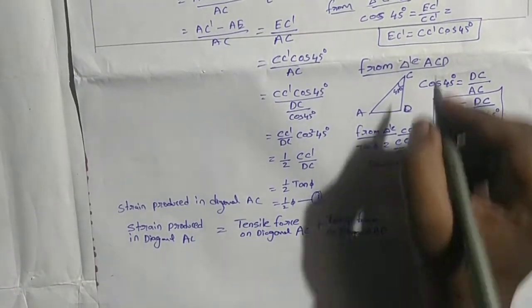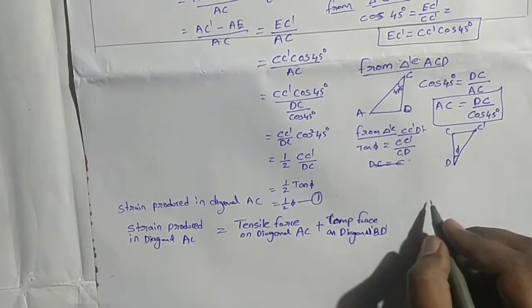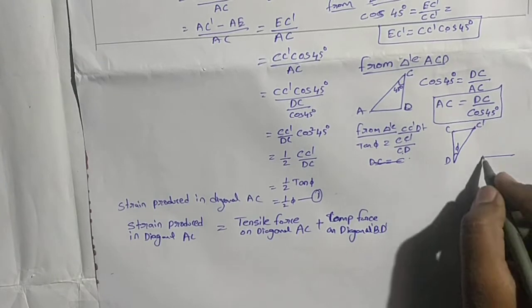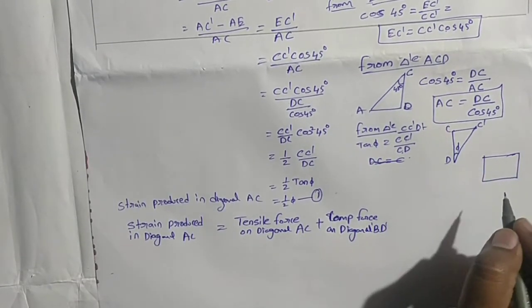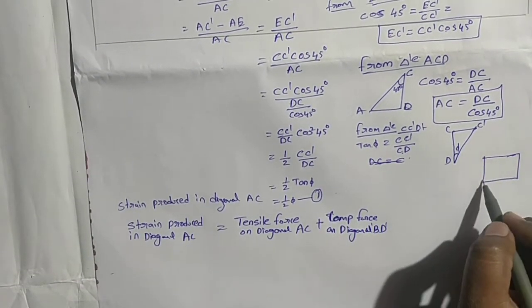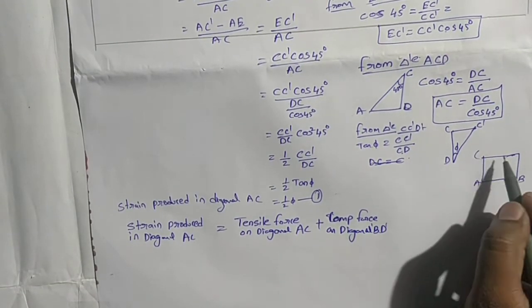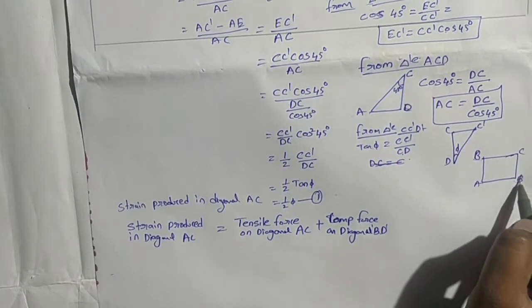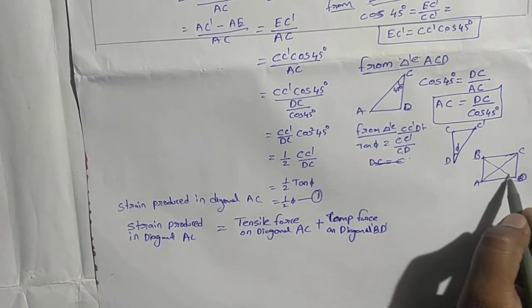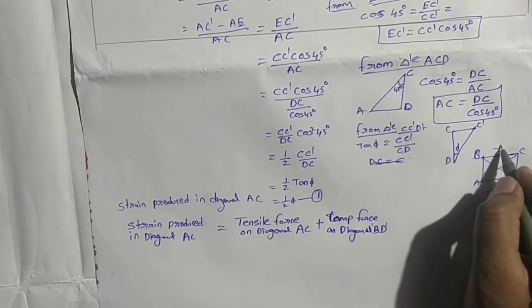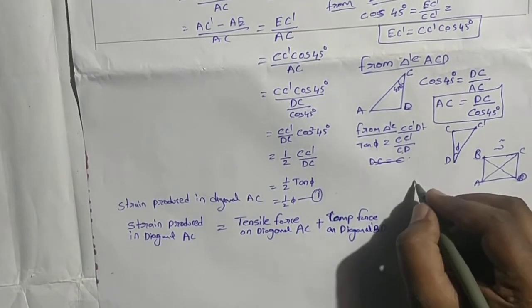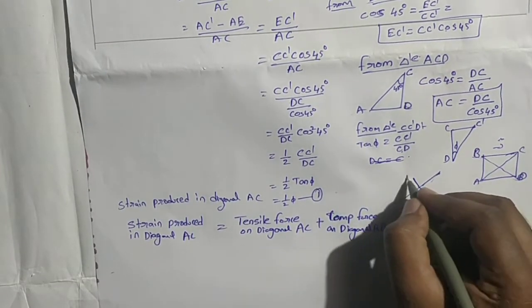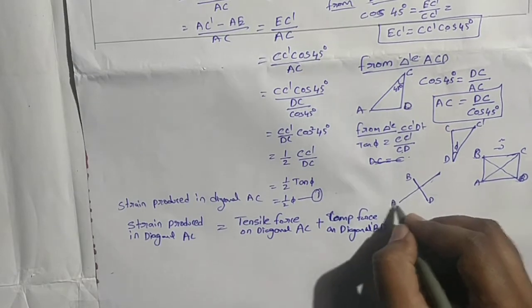Here BD is one more diagonal. From the cube ABCD, AC is one diagonal and BD is the other diagonal.